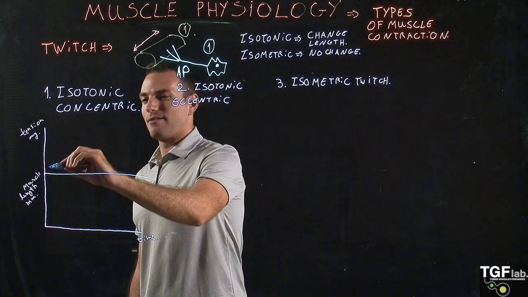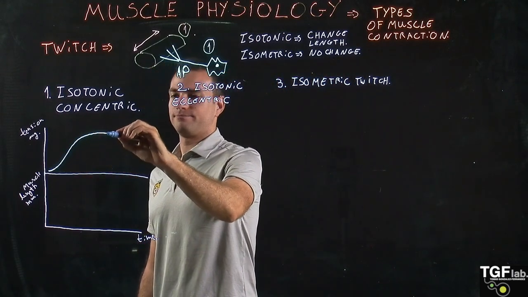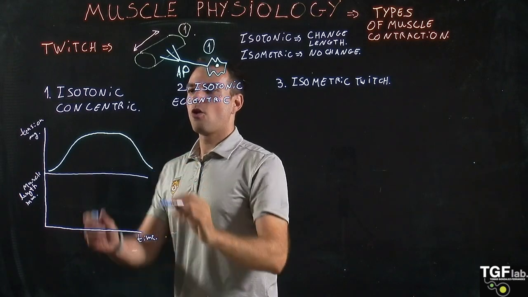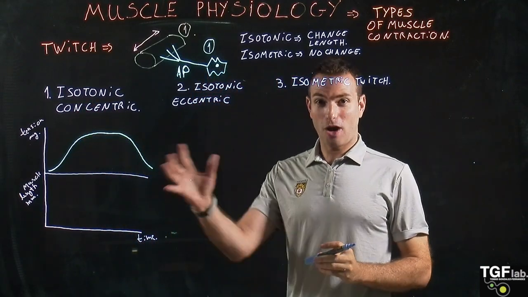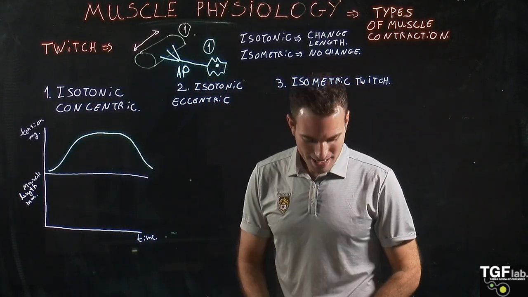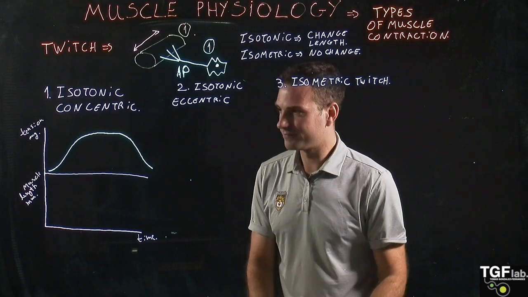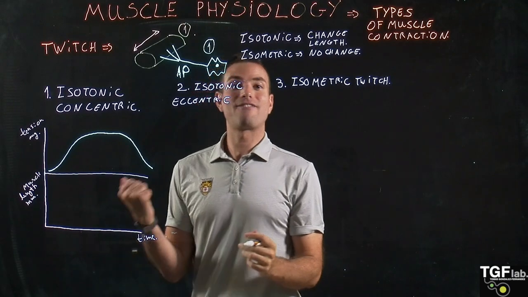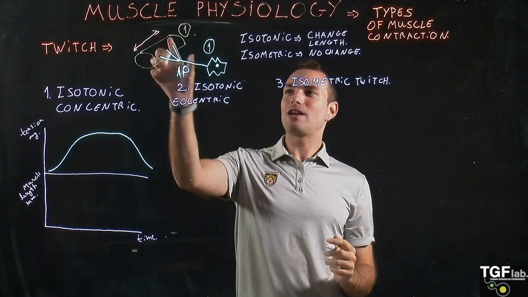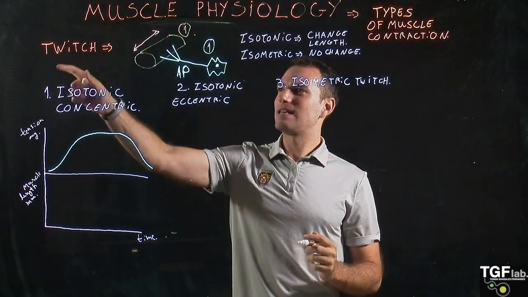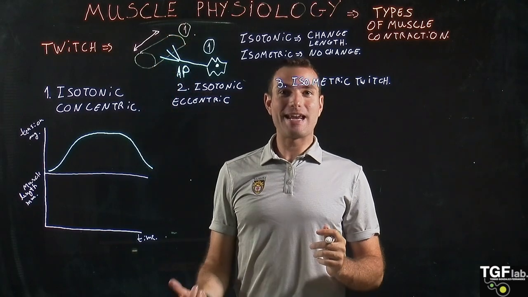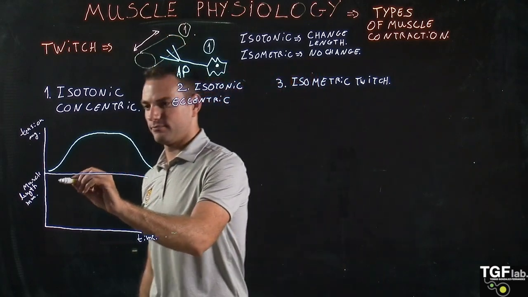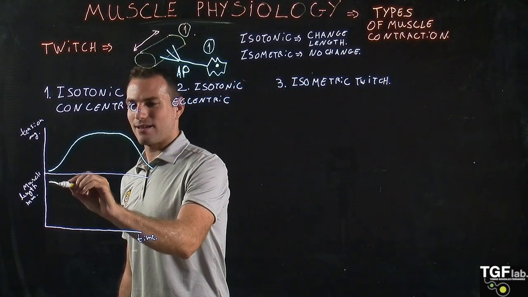So we have the development of tension here. What is going to happen in the isotonic concentric twitch is that our muscle is going to become shorter when we develop the tension. So here, the mechanical action that it develops through the twitch is a muscle shortening. So the muscle length is going to go down.